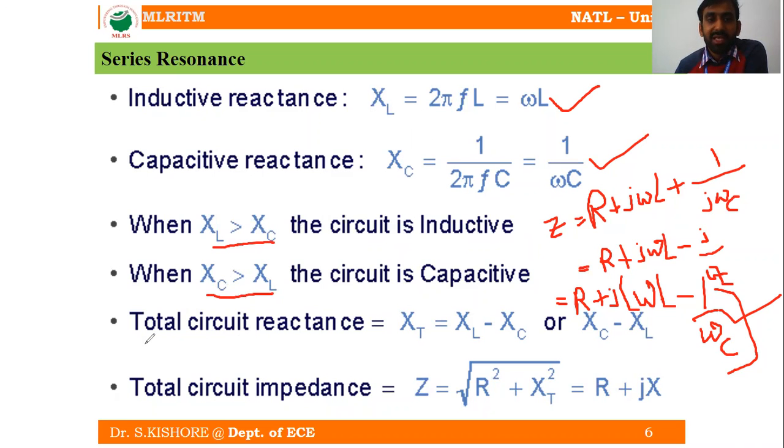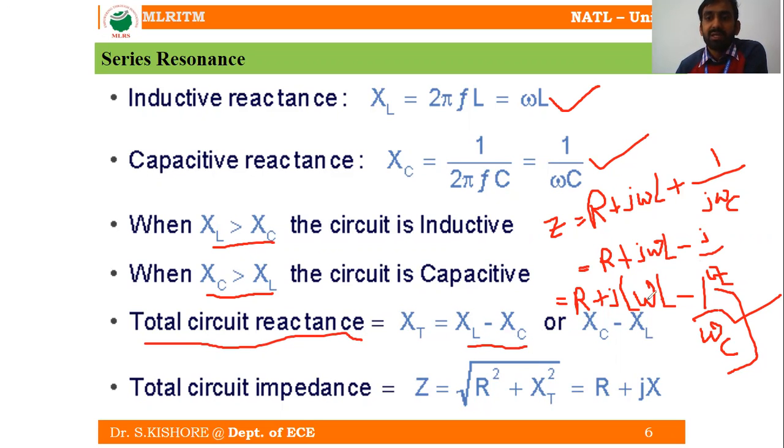If you want to write the expression for the total circuit reactance, XT is equal to XL minus XC. Why? Because the reactance of our RLC circuit is nothing but the opposition offered by the inductance and the capacitance.